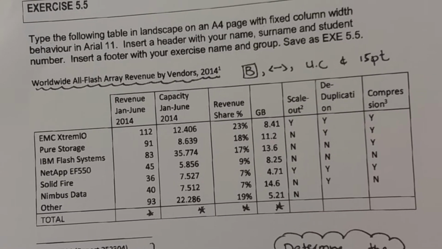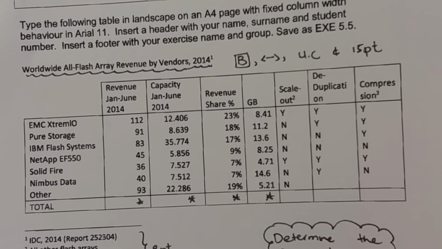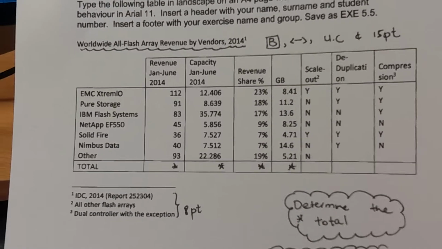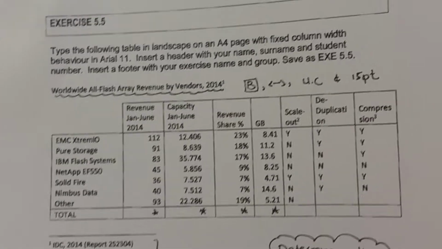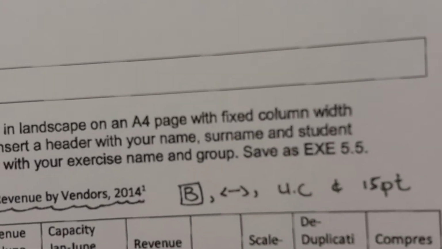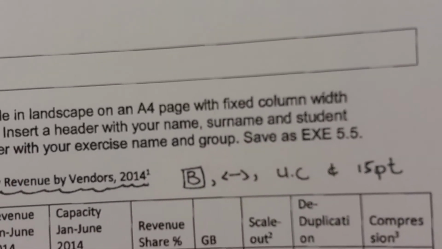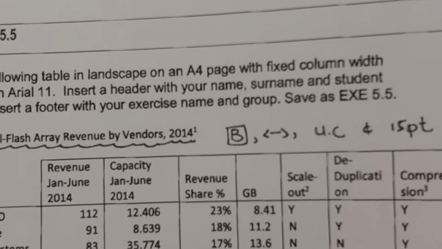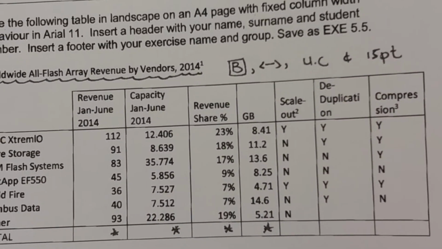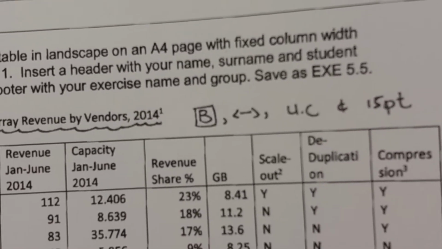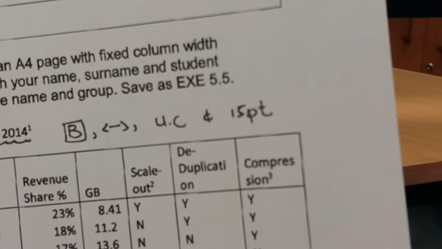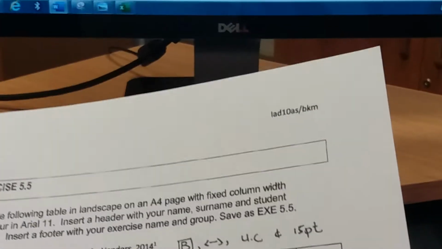Let's firstly do the footnote. The footnotes, do you see the small one there next to 4? That is the footnote, that is number 1. And then we have number 2 there next to out. And then we have number 3 there next to compression.